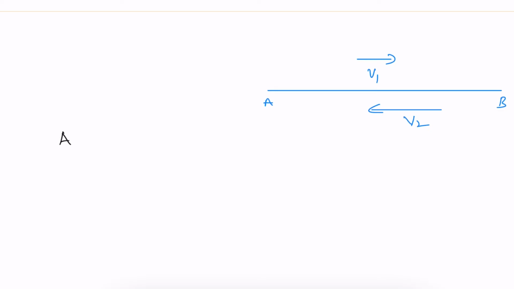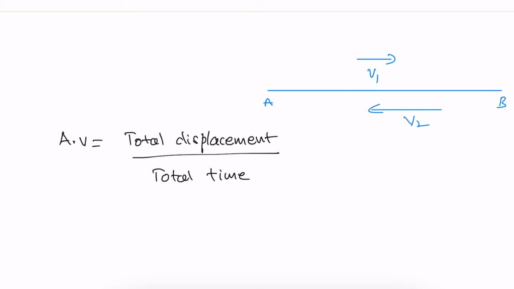First we find the average velocity. Average velocity, you know the formula, is total displacement by total time. In this case, what is the displacement? Initially the point is A, and finally it returns back to point A. So A is the initial point and also the final point.